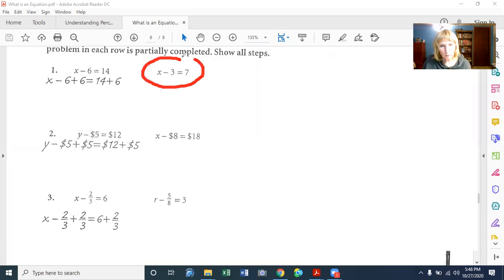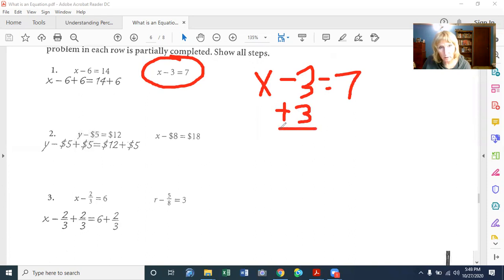x minus 3 equals 7. This time, notice how that minus 3 is a subtraction. We are subtracting 3. So in order to get x by itself, I have to add 3. Why? Because a negative 3 and a positive 3 will give me 0, and they will cancel each other out. And then I'll be left with x, because remember, the goal is always to get x by itself.